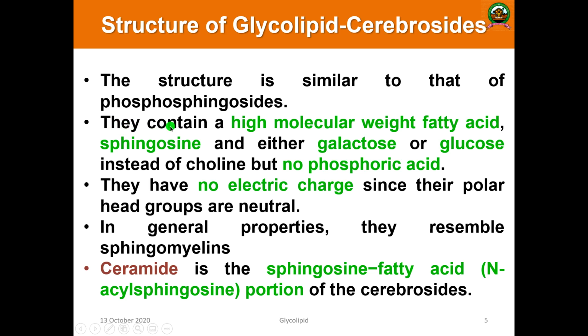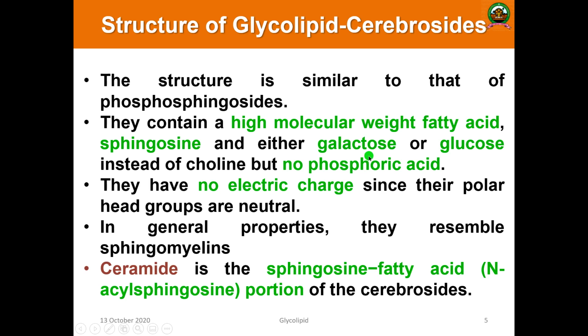They contain a high molecular weight amino alcohol called sphingosine, and either galactose or glucose is attached instead of the nitrogenous base choline, which is absent. In addition to that, there will not be any phosphoric acid, so they do not have any electrical charge.